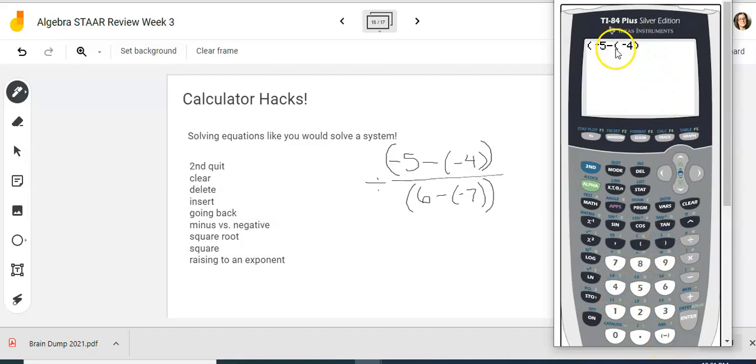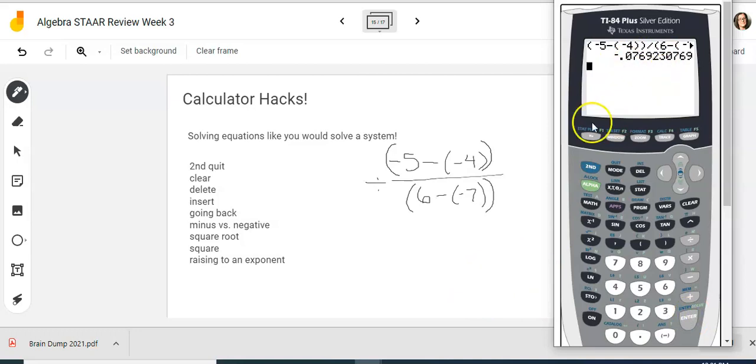That closed that parenthesis, so I got to close this one. Okay, then divided by is this line, left parenthesis, 6 minus -7, and then close the bottom parenthesis. Okay, so I get this crazy decimal.